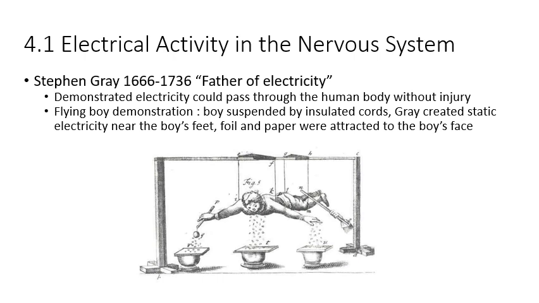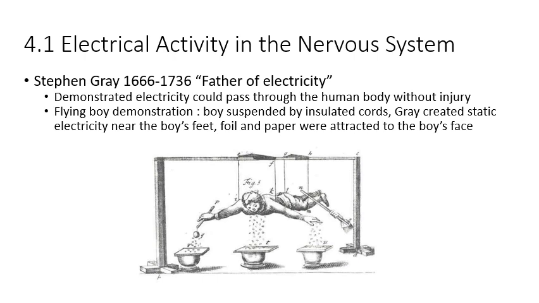A little better background on electricity in the nervous system. Stephen Gray, who's considered kind of the father of electricity starting in the late 1600s, demonstrated that electricity could pass through the human body without injuring the individual.